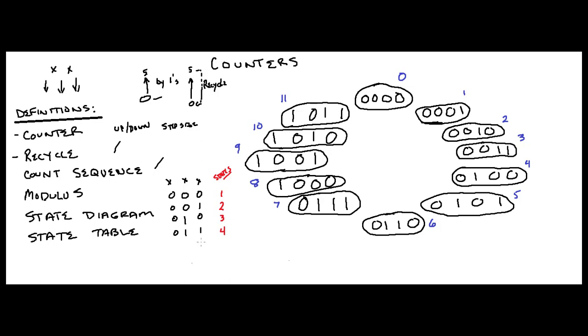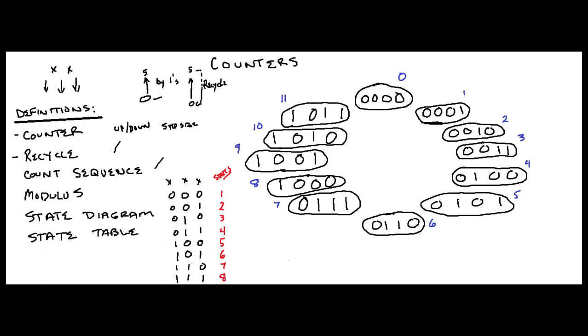So this will be 0 0 1, then 1 0 1, then 0 1 1, and then 1 1 1. Quite simply, this is going to be your 5th state, 6th state, 7th state, and 8th state.